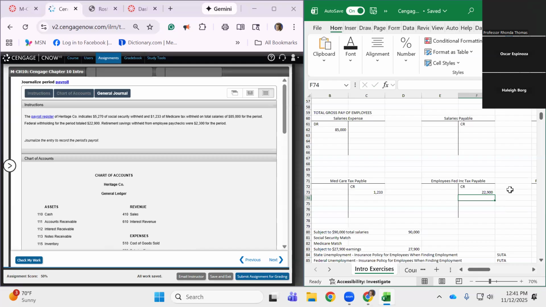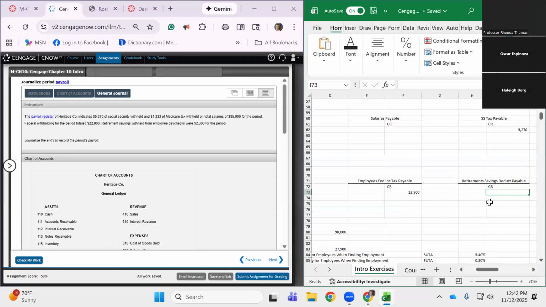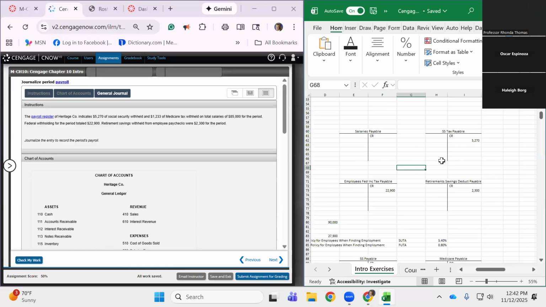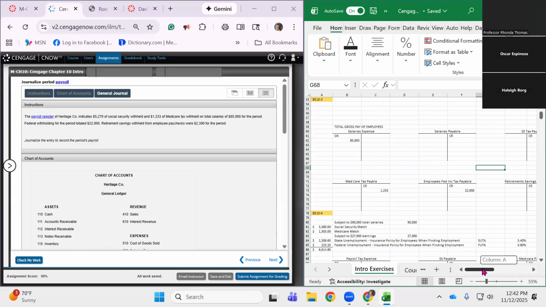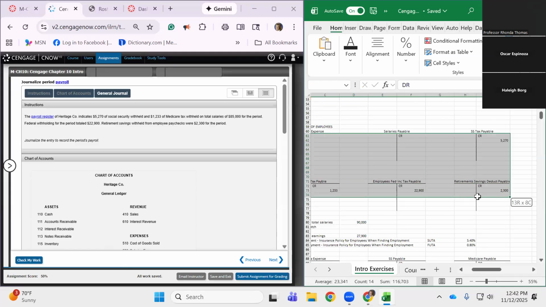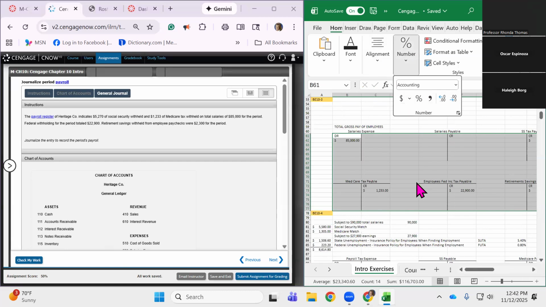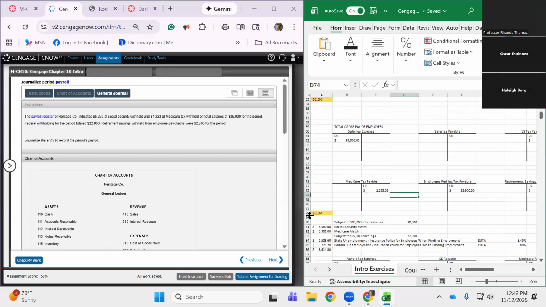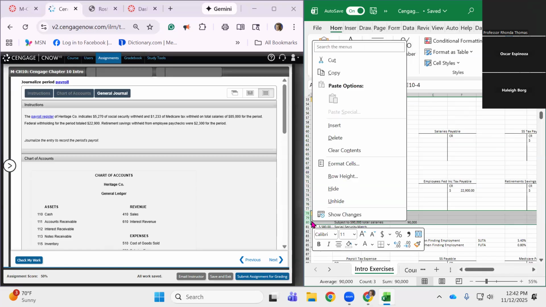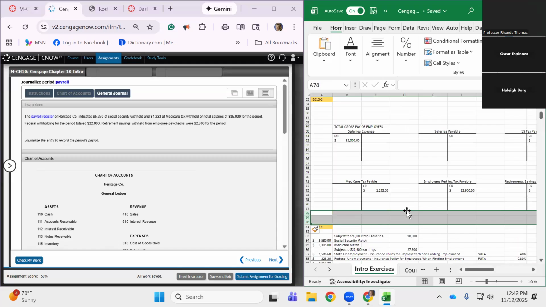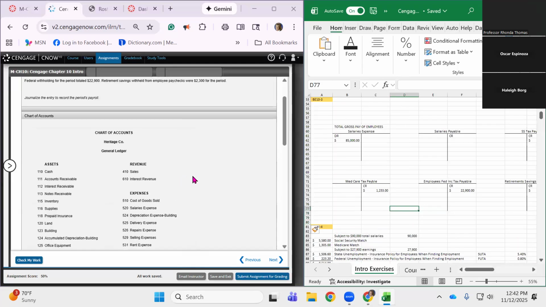And finally, the last part is the retirement, $2,300. Let me make this a little bit smaller so you can see them all together. I want to put all of these in dollar amounts with the cents on the end, in case we have cents, but I don't think we saw that.